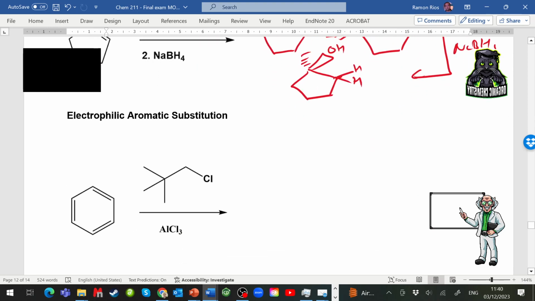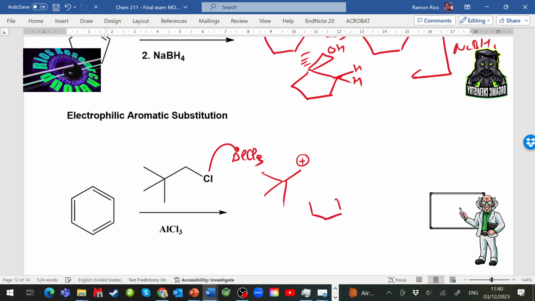Next one, we have electrophilic aromatic substitution. What is happening is that the chloride reacts with the aluminium. This is a Lewis base, this is a Lewis acid, and what we form, in a first instance, is this compound. Okay, and then benzene does electrophilic aromatic substitution, forming this compound.